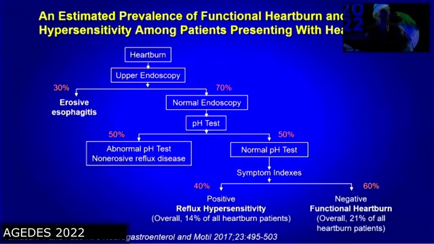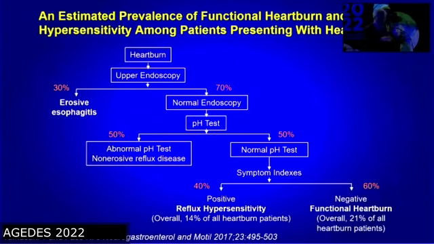When you look at symptom indices in these patients, you will find that about 40% of them have a positive association between their symptoms and heartburn and reflux events, and these are the reflux hypersensitivity patients. And then you have another 60% of these patients that show no correlation between their symptoms and reflux events, and these are functional heartburn.